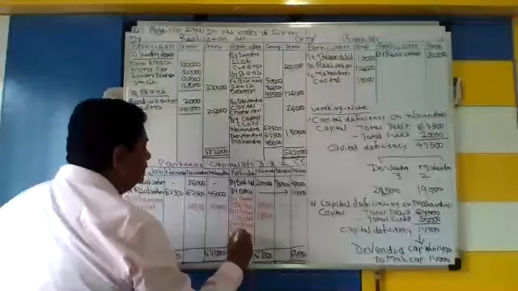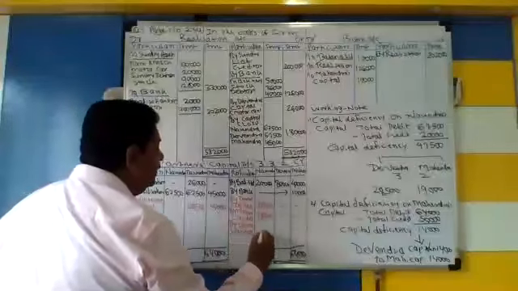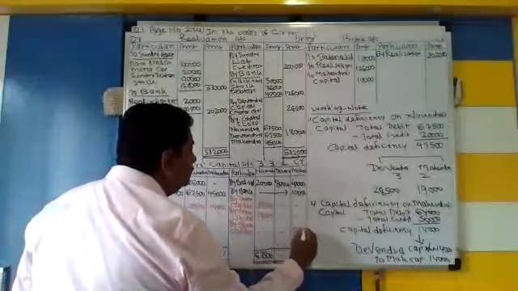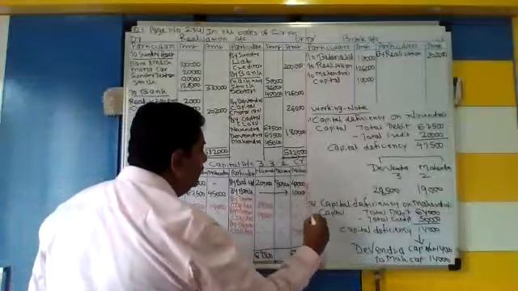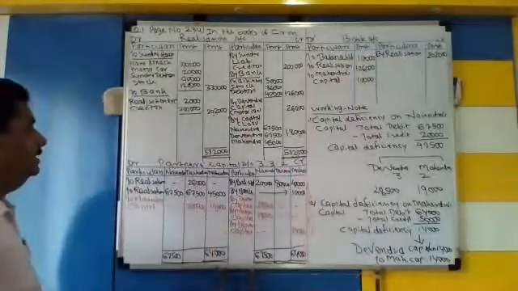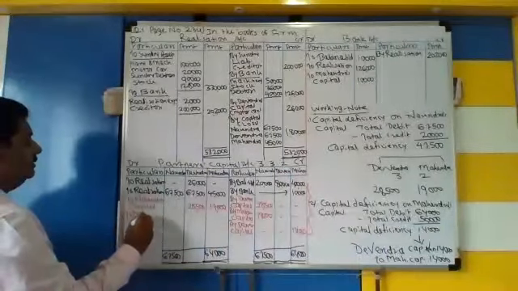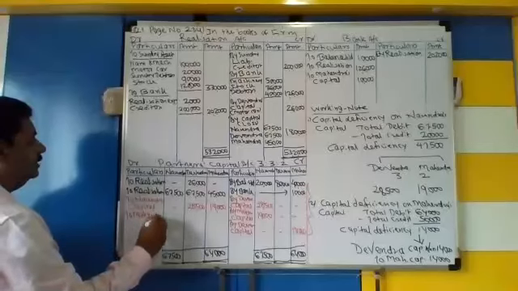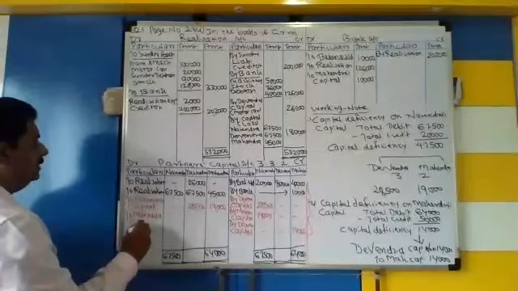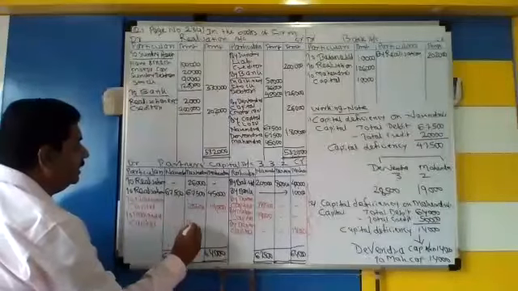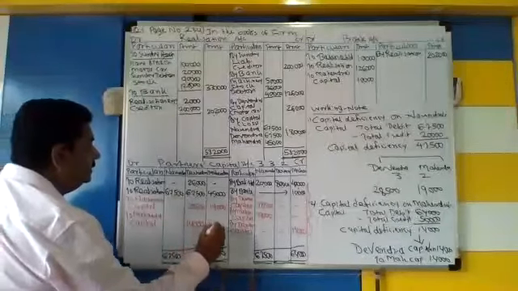By Devendra's capital, amount in the column of Mahendra. See, Mahendra's account is getting closed. And here to Mahendra's capital, amount in the column of Devendra.